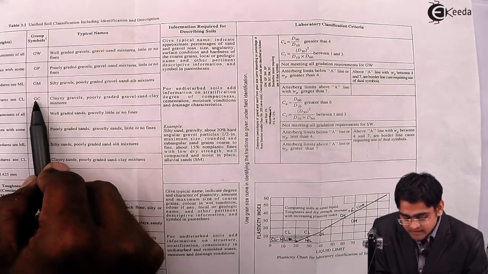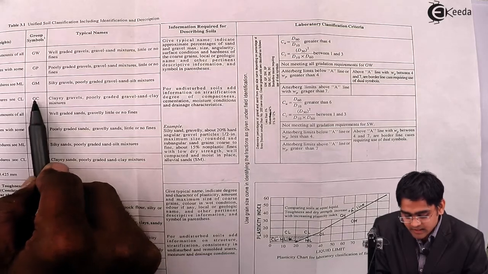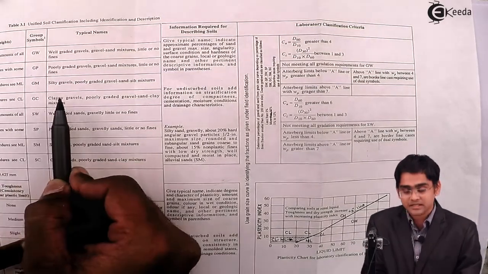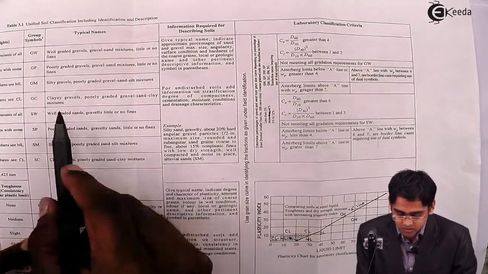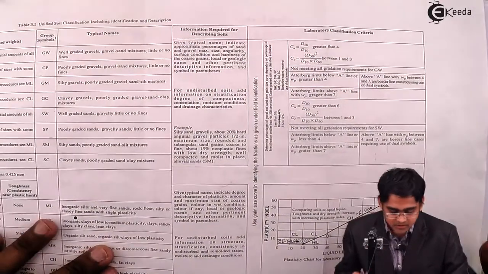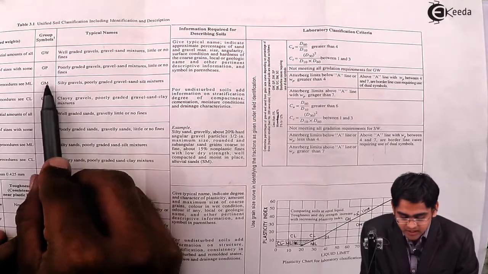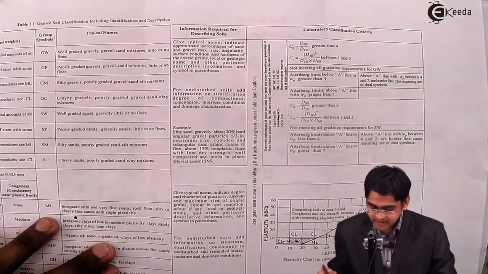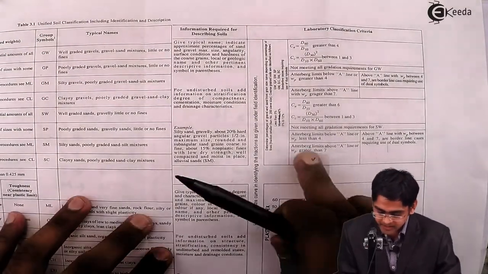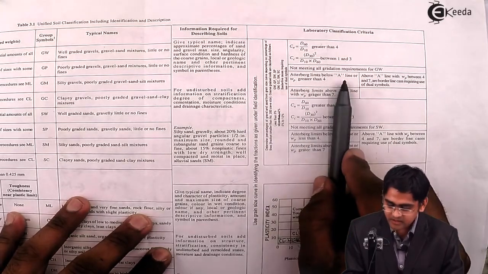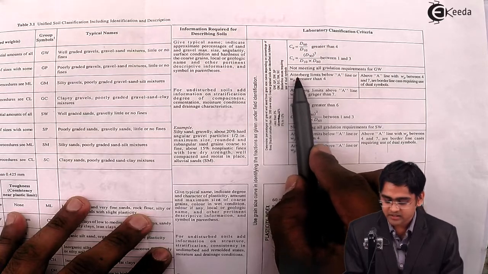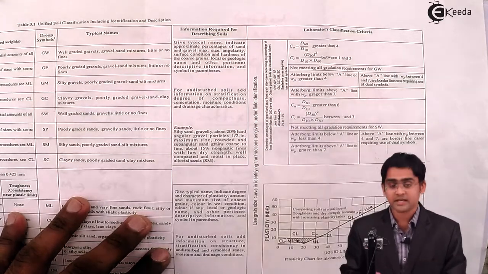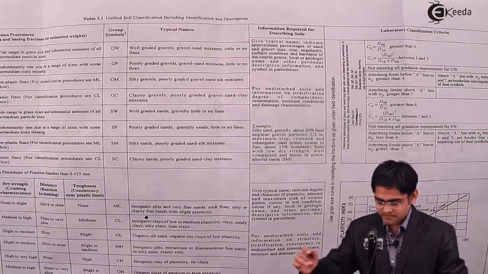Same way GC, that means clayey gravel, which indicates clay percentage is small as compared to gravel percentage. So this distinction between a clayey gravel and silty gravel is based on the Atterberg limit, or it is based on the plasticity index.